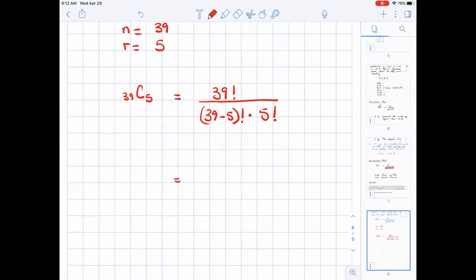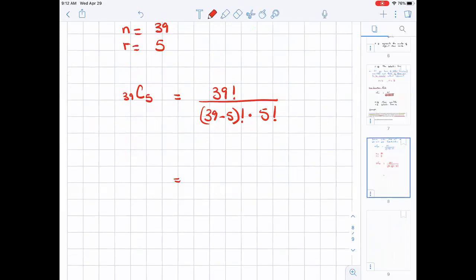Using my calculator, 39 factorial is an extremely large number, but in the end you get 39 factorial over 39 minus 5, which is 34 factorial, times 5 factorial.